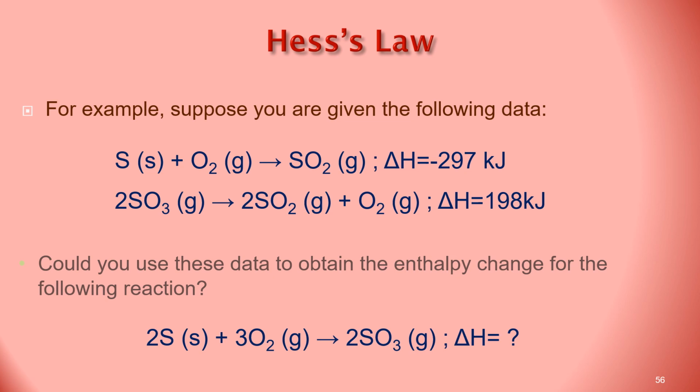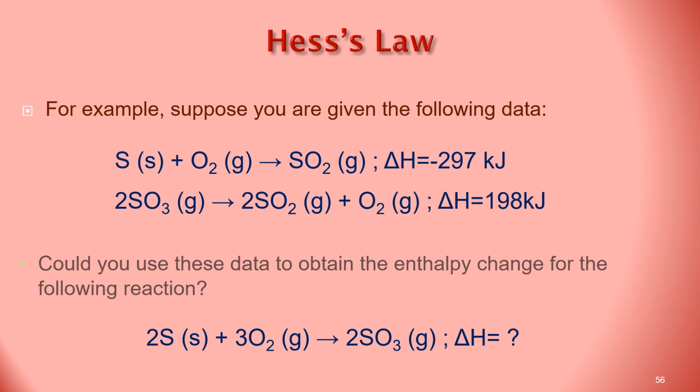What we need to do is manipulate these equations to get them to add up to this equation. If you're given these types of problems, they are meant to work out, so you just have to go step by step.